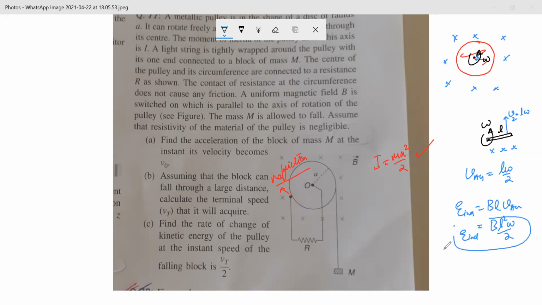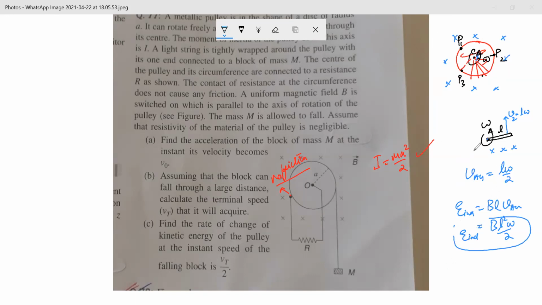Now the disk actually acts like many equivalent rods like this in combination. So between the center of the disk, let's say C, and any point on the circumference, let's say P, there is this potential difference. Any point on the circumference, whether it is P1, P2, or P3, whatever.